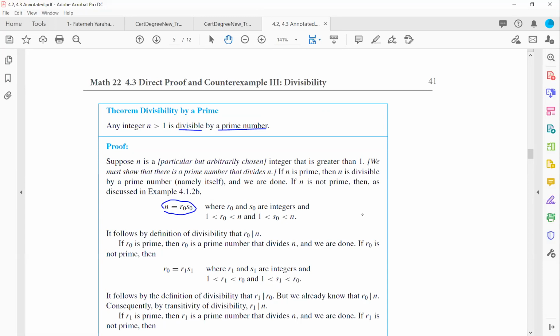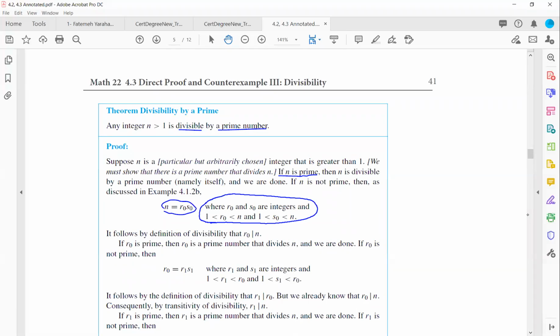If you remember, this is the definition of a composite number. If n is prime, you don't have anything to prove. So suppose your n is composite. So n is the product of r sub 0, s sub 0. Now we're trying to find a prime number dividing either r sub 0 or s sub 0.